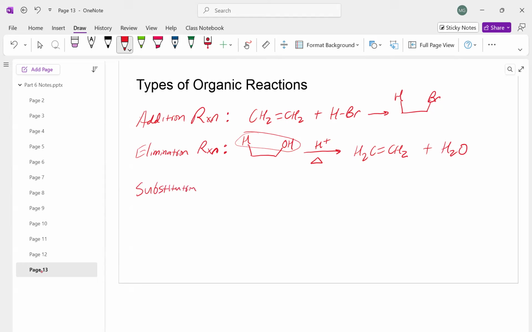And we're going to look at substitution reactions. Substitution reactions, think of it like watching a basketball game. What is a substitution in that respect? Well, one player goes off the court, one player comes on the court. It's the same thing with chemical reactions. We'll have something that we're going to remove from the court, so to speak, and something we're going to replace it with.